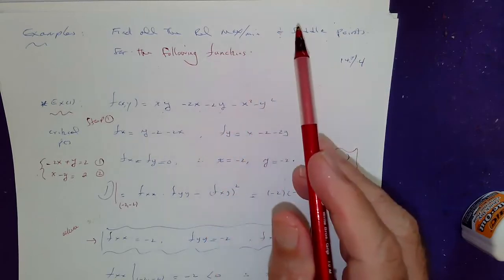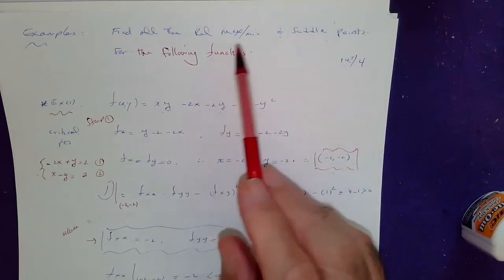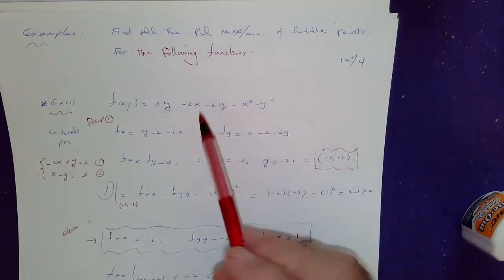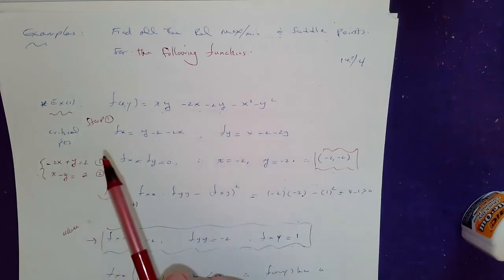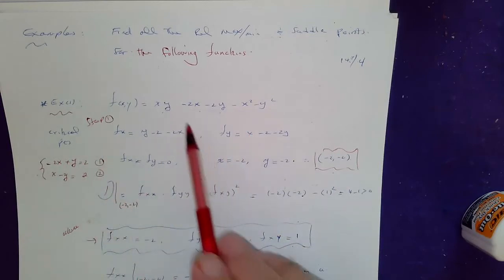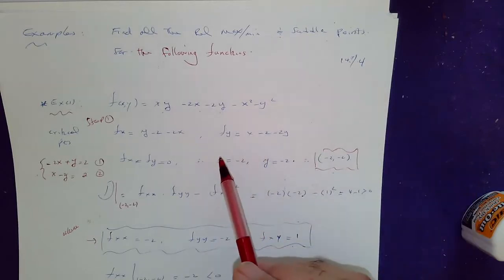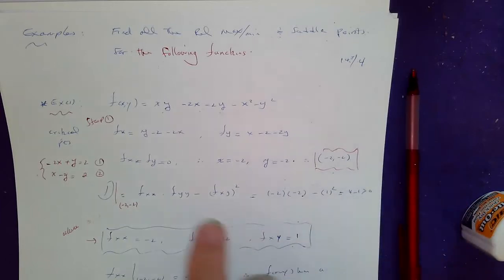There is no guarantee there is one, but if there are relative maximum or minimum points, I'd like to find them. One of the criteria is the function has to be continuous, just like a single variable function. This looks like a polynomial, so everything is okay, and we can go ahead and look for the relative max and min.